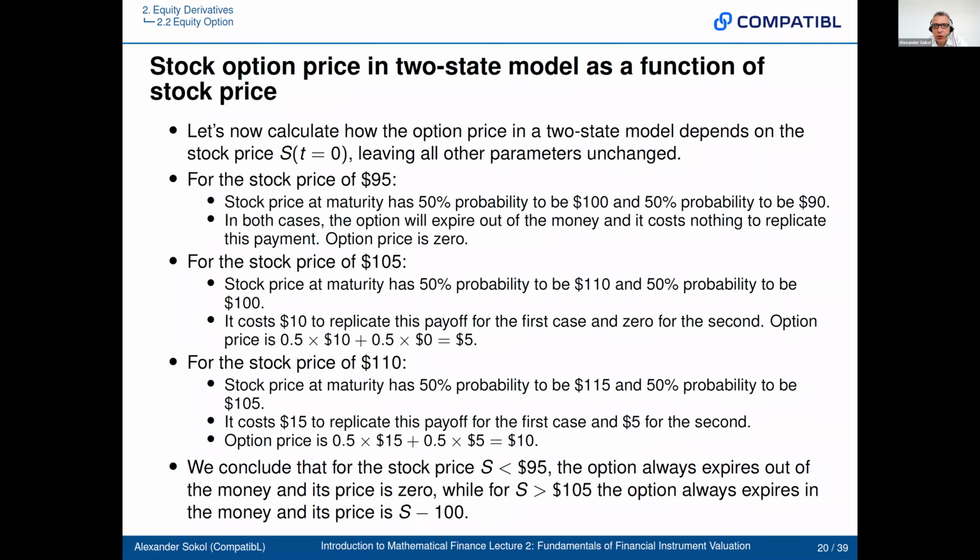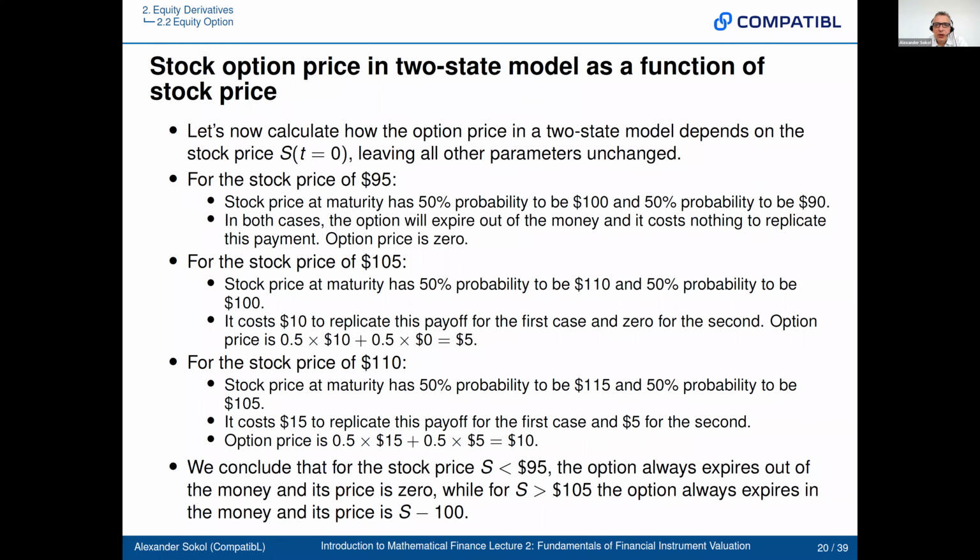Basically, if the price today is below 95, then for both of the prices... So we're assuming that the model says that the price has 50% probability of going up $5 and 50% probability of going down $5. So if the price is below 95, it never reaches the strike price, so the option is always worthless. Below the stock price level of $95 today, the option is worthless. So the price is zero.